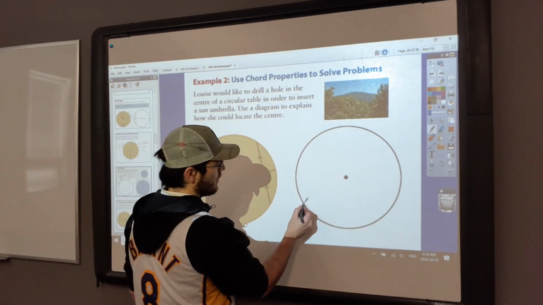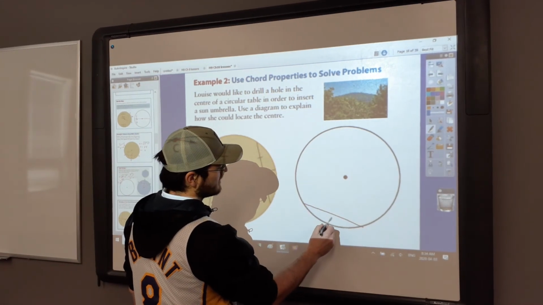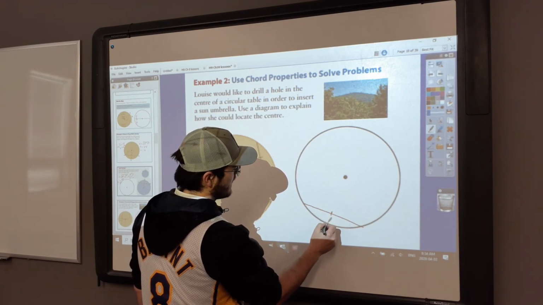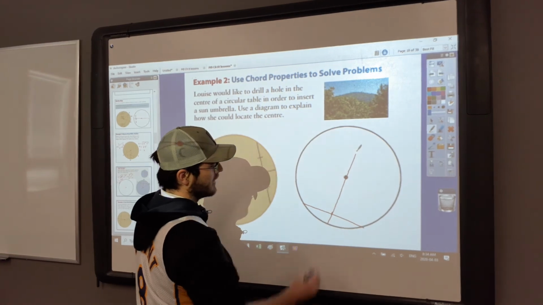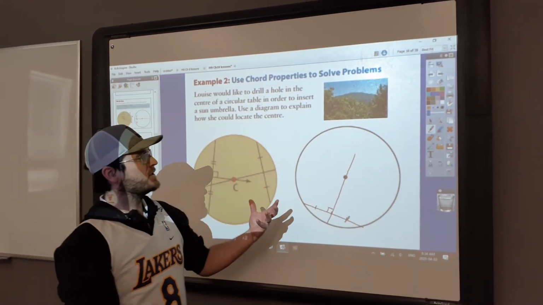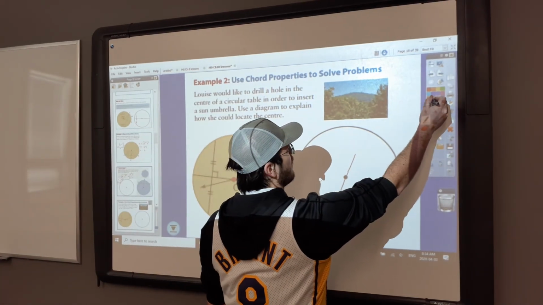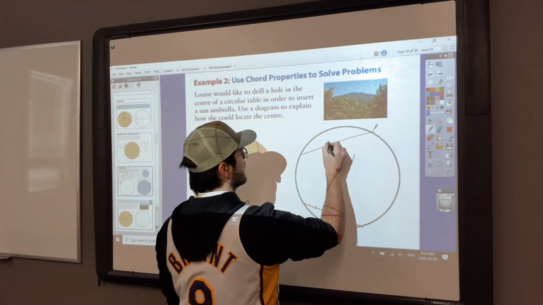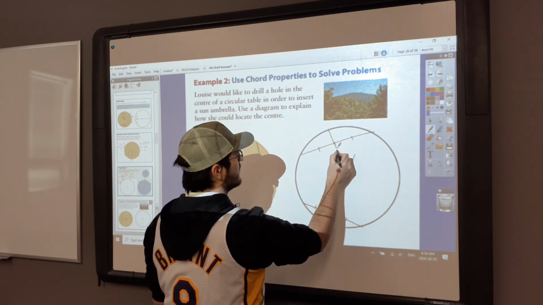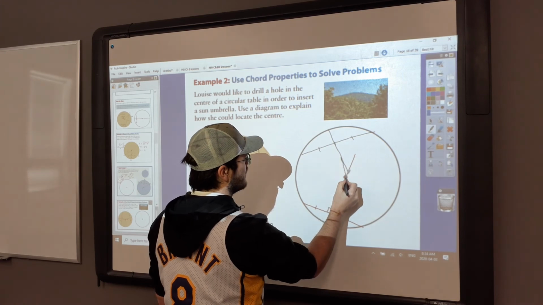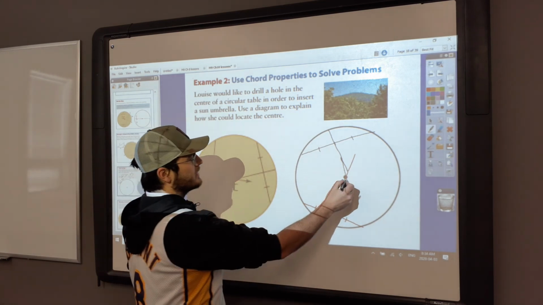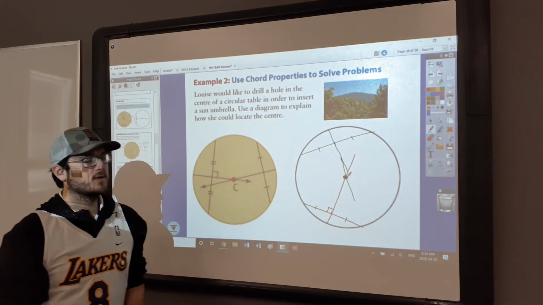If you took a chord, cut it in half first of all, and then went at a 90 degree angle, and then did that from somewhere else on the circle with another chord, measuring halfway and going at a 90 degree angle, these two lines would cross somewhere. What this example is showing you is that they're always going to cross right in the middle.